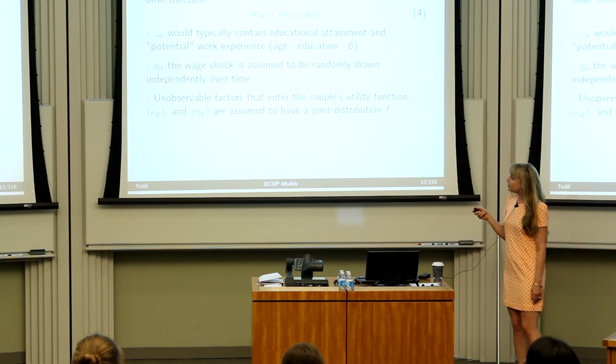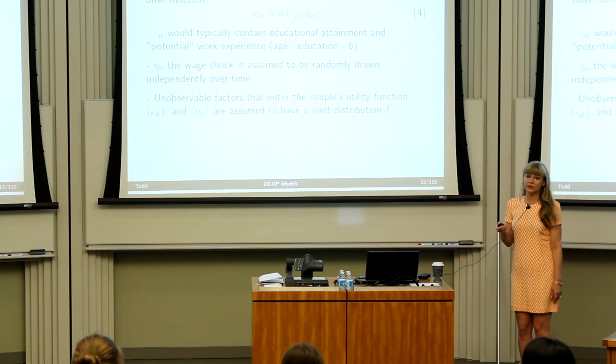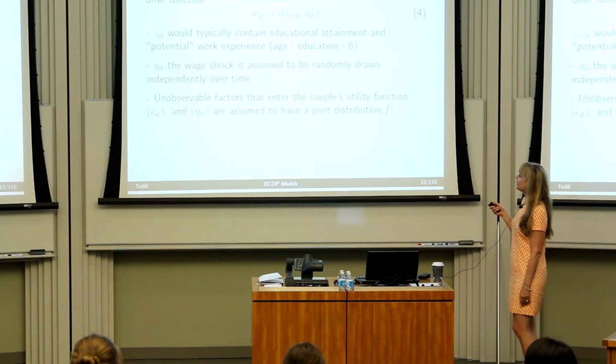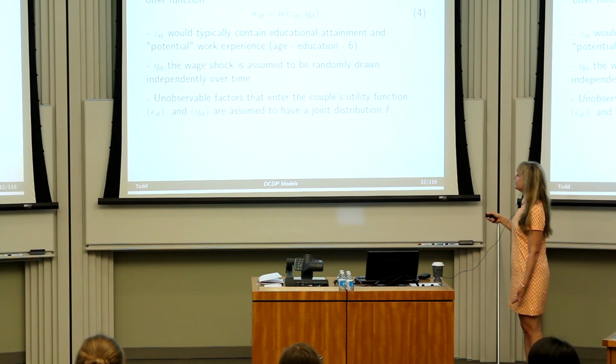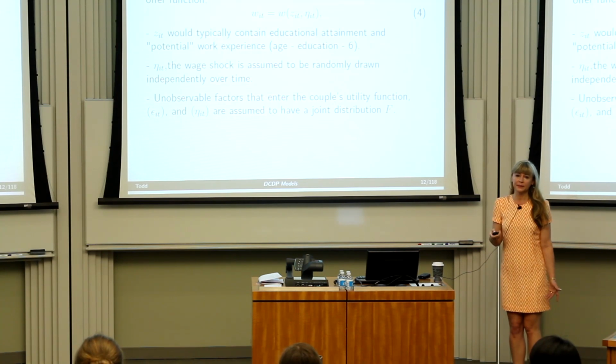Okay, wage offers you don't observe for women who are not working, and therefore you need to also specify a wage offer equation. Wages are going to depend on some Z's and also some unobservables. A common specification is to allow wages to depend on work experience.